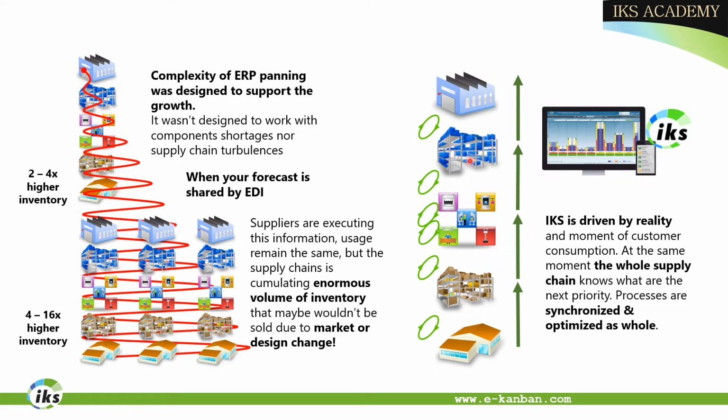That means the end user that is consuming is triggering the end user on my supplying side that is producing the product that the end user is consuming. So there is nothing between. There is real time and shared overview. That's why I am happy to work for this tool.